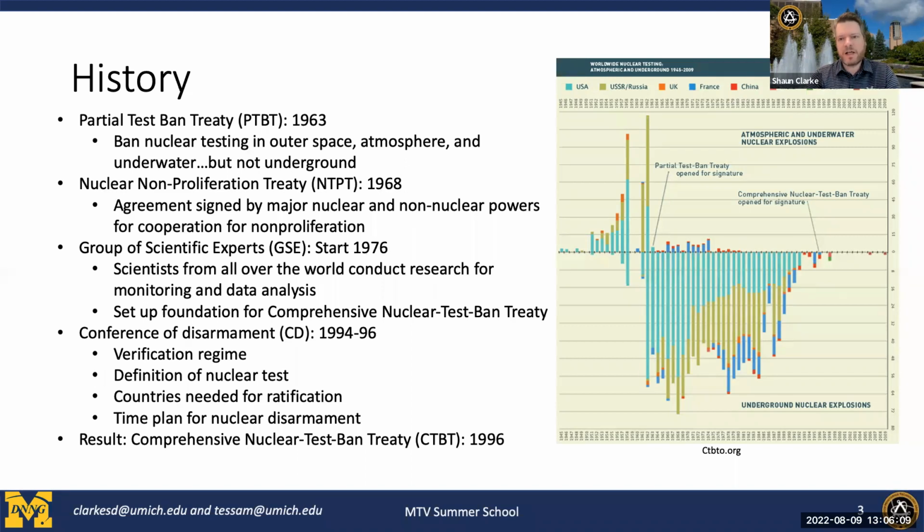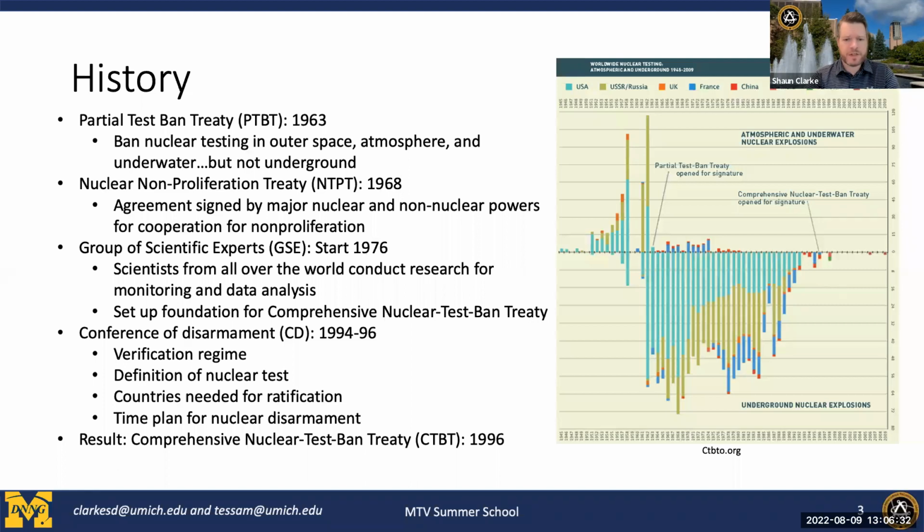Following that, in 1968 was the onset of the Non-Proliferation Treaty, which was an agreement signed between the nuclear powers and non-nuclear powers, trying to ensure that nuclear weapons technology was not proliferated for nefarious purposes. And I think we had a lecture on that earlier this semester.